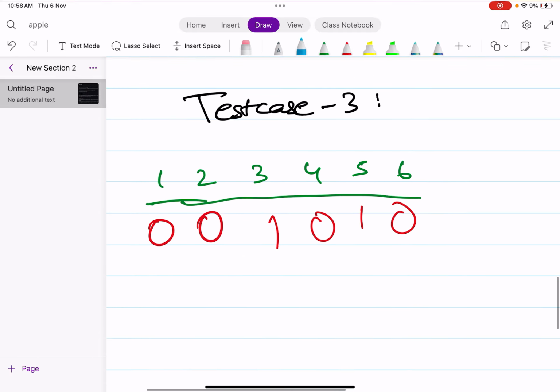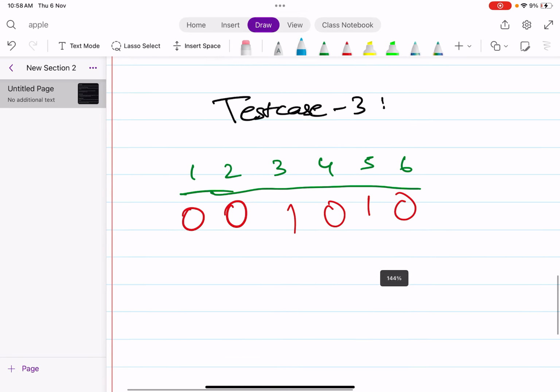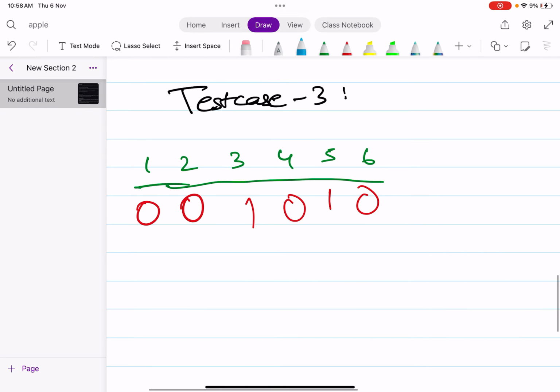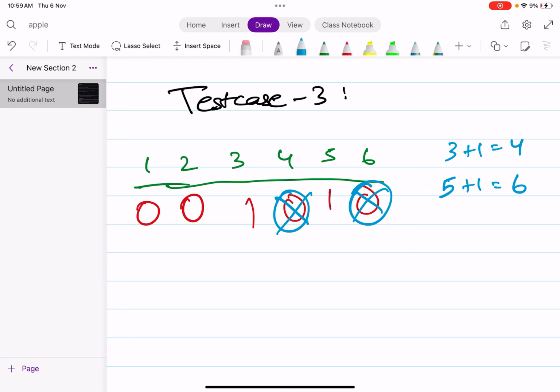Let's go through one more test case now. In this, we are also given multiple wolves. One is present at index 3, one is present at index 5. The birds they can eat are on the adjacent right side, which is 3 plus 1 and 5 plus 1, that is 4 and 6. So at 4 and 6, do we have a bird present for both the wolves? Yes, we do. So they will eat them and capture the indexes as well.